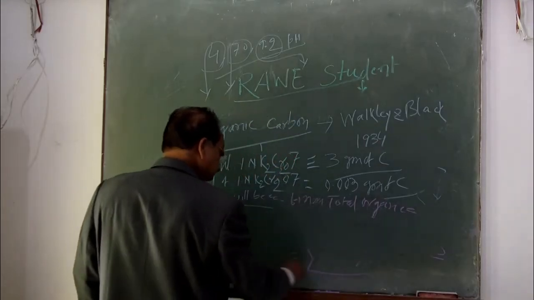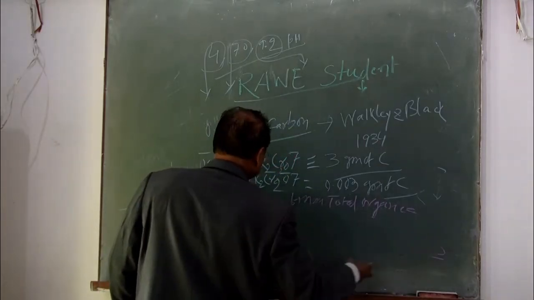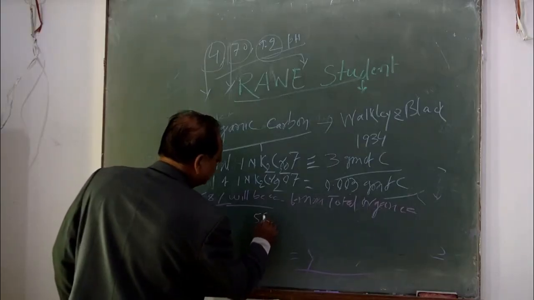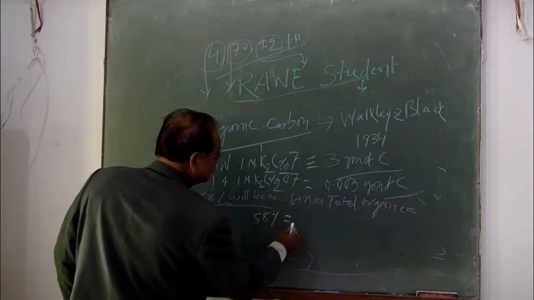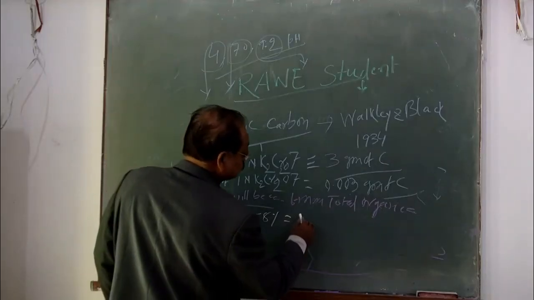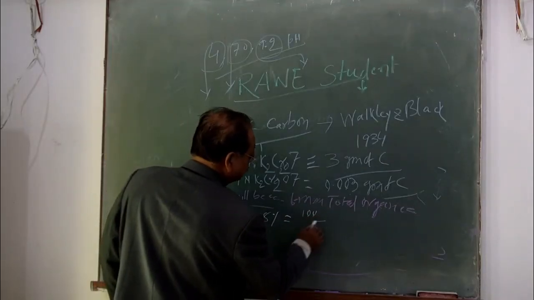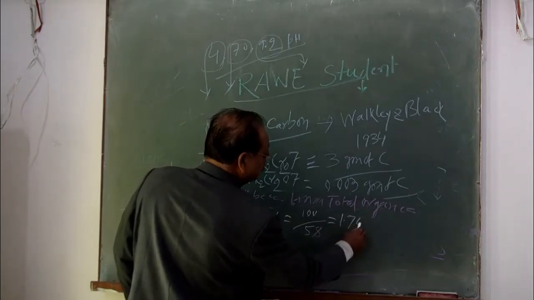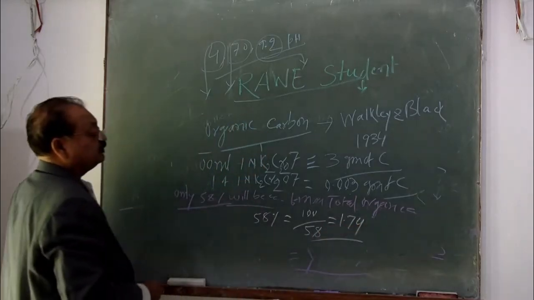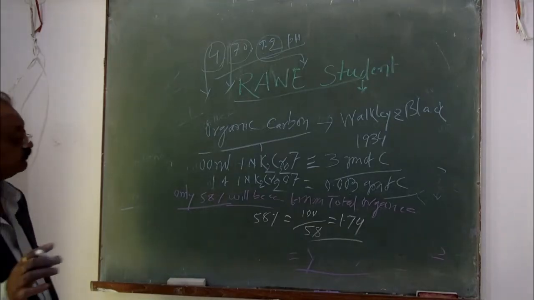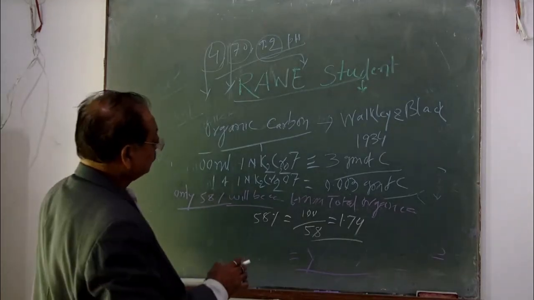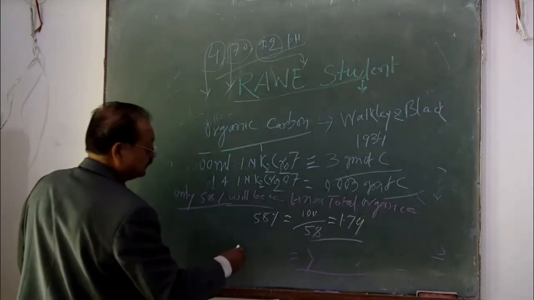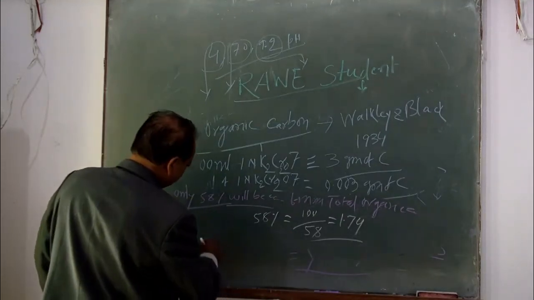So 58% means 100 divided by 58 is equal to 1.74. So whatever value we get of the total organic carbon content will be multiplied by 1.74.